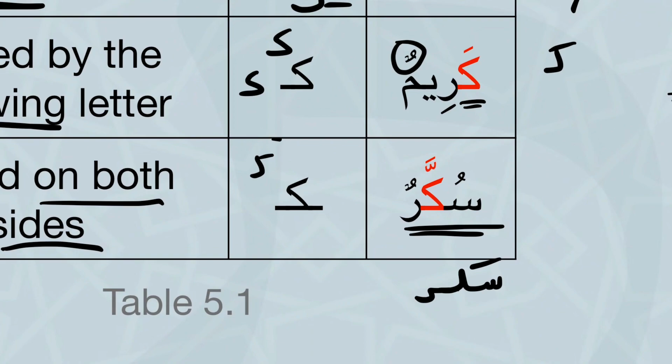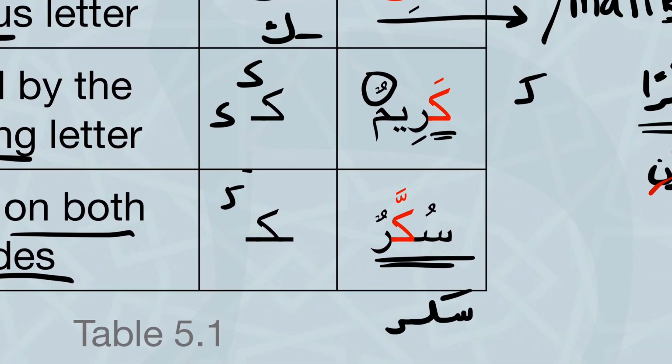But if I want to double the kaf sound, it's sukka, sukkarun. The ra has a dhamma, tanween, so it's sukkarun. Compare kareem to sukkar when it comes to the quality of the kaf sound. Here it's doubled because of the shadda.